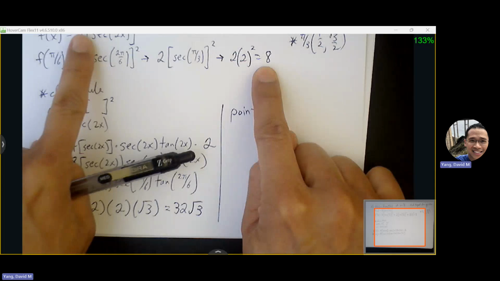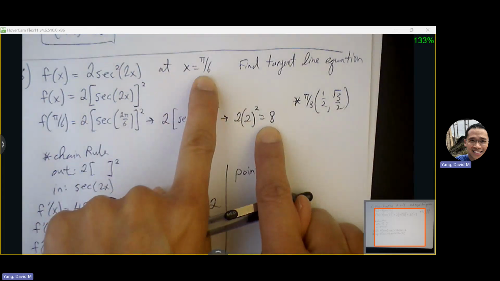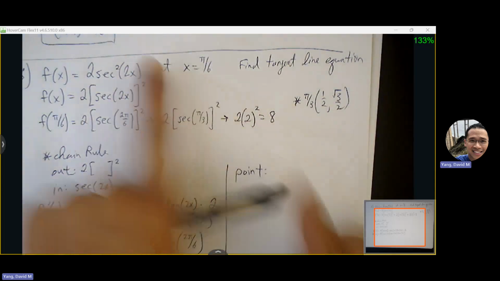Okay. The point that I gathered from my function, pi over 6 is the x value, 8 is the y value.